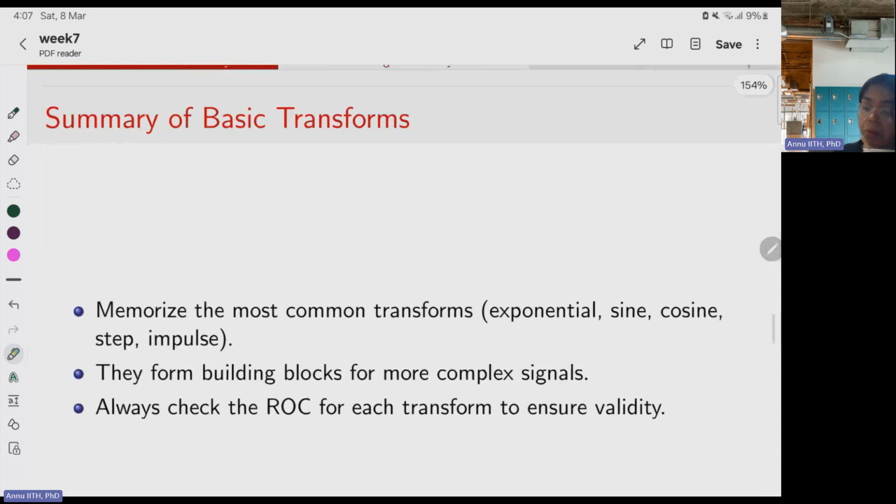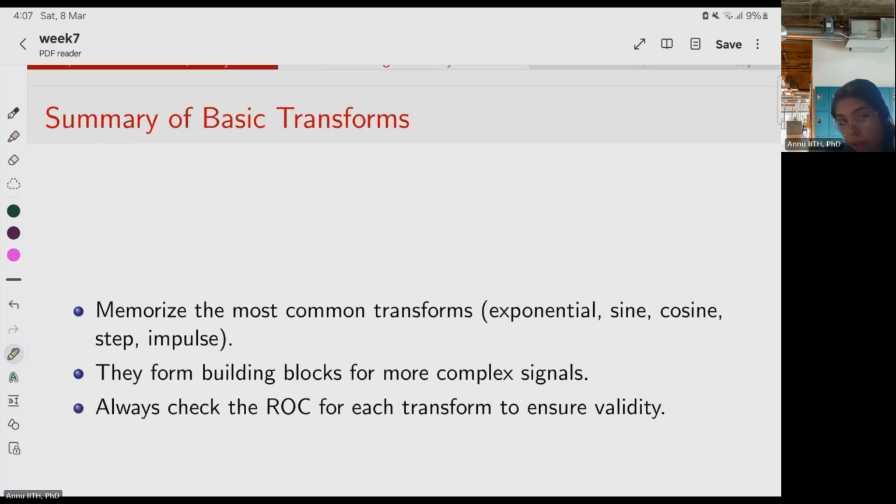So how would you do the transformations? First of all, memorize the most important transforms, that's exponential, sine, cosine, step, impulse that I have given you in the list.